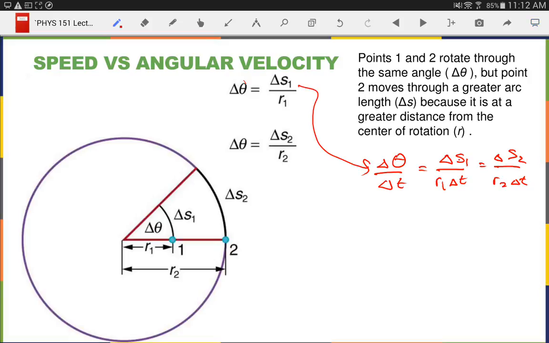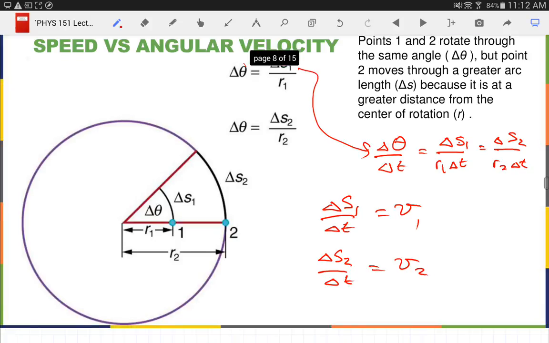Since delta theta is equal to delta theta, I set them equal to each other, and I divided by delta t. But if I divide by delta t, delta S1 over delta t is equal to speed 1, and delta S2 over delta t is equal to speed 2.